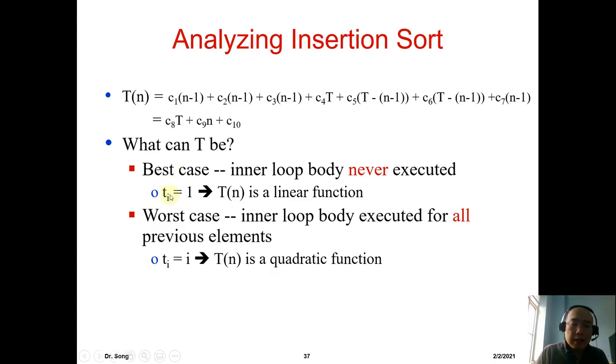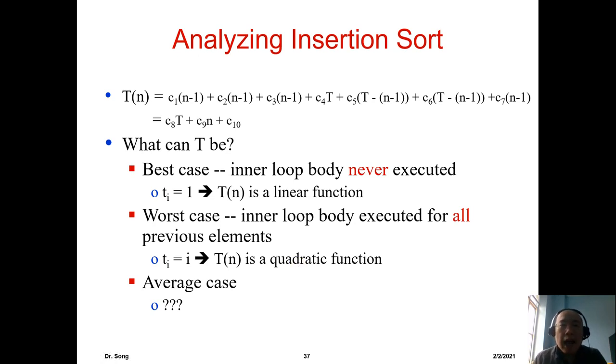So in the best case, Tn is a linear function of n, and in the worst case, Tn is a quadratic function of n. So that makes a difference. And what's the average case? For the average case, we ain't gonna be that lucky, so it can't be linear. We are gonna shift some of the values, but probably not that many.